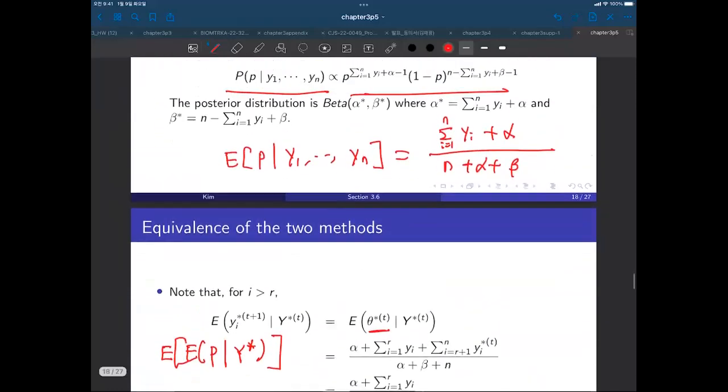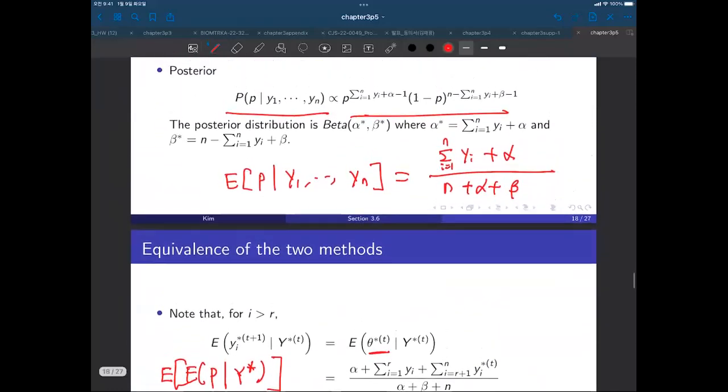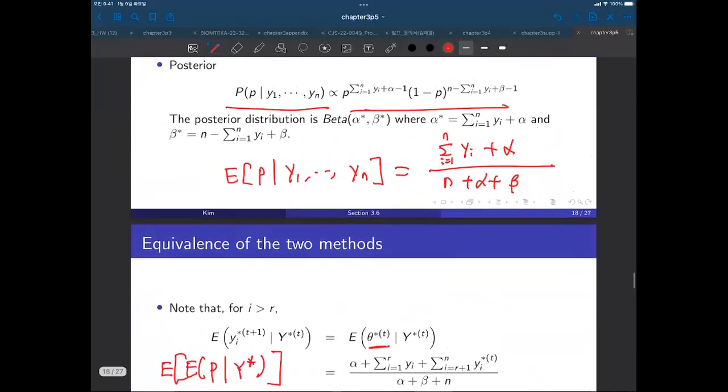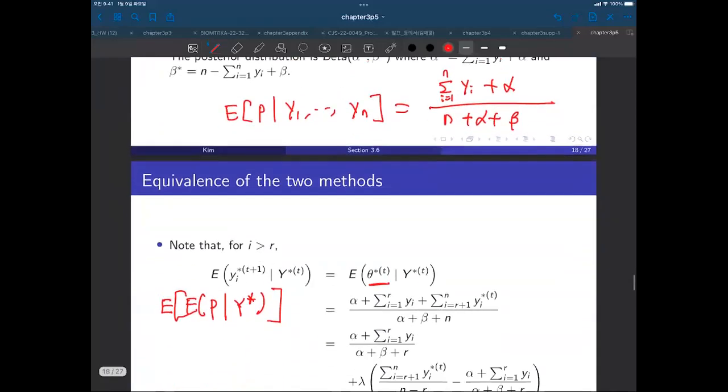We want to use that, but we don't know Yi. But we do know the imputed Y. So then we have this one.